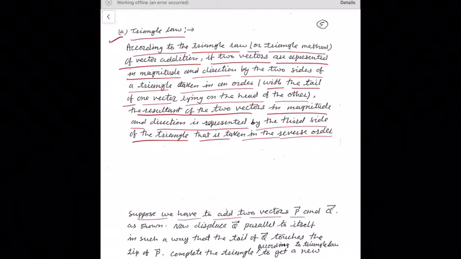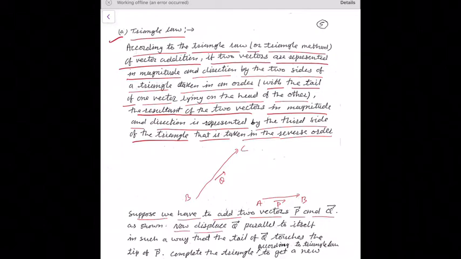Suppose we have to add two vectors P vector and Q vector. Here P vector is represented with side AB. Next, Q vector is represented with side BC.